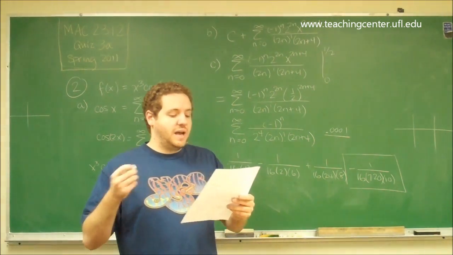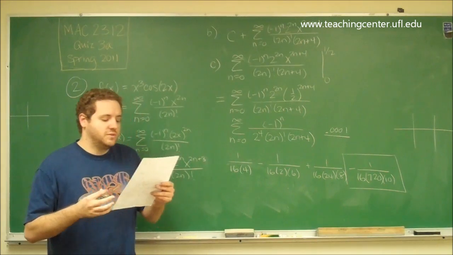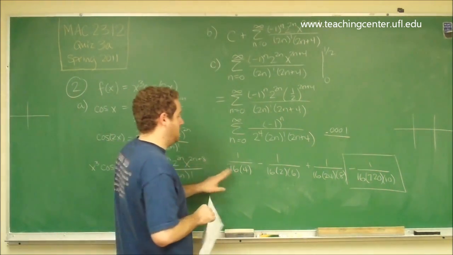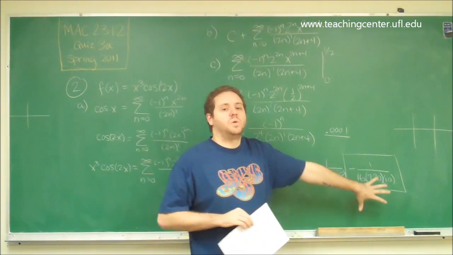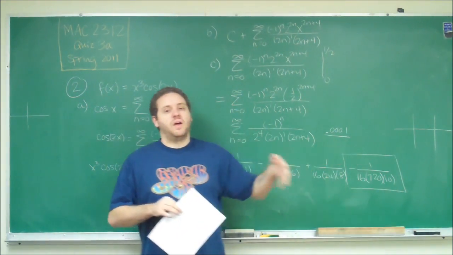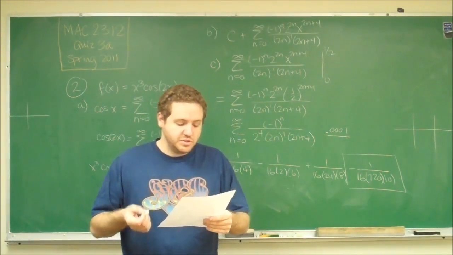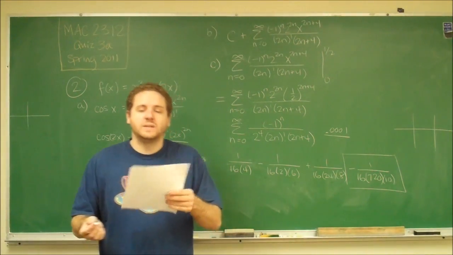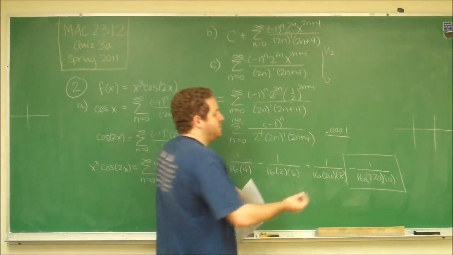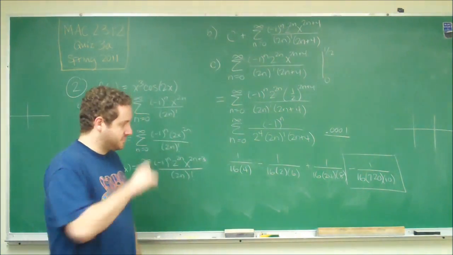So to answer the question, how many terms do you need to approximate the integral to 4 places? We only need 3. We need 1, 2, 3, because this one wouldn't have added any more accuracy because it was already smaller than what we wanted to be within anyway. So we only need 3 terms. And what is the upper bound of the error? The upper bound of the error is this term, well, the absolute value of that term, because it was negative.